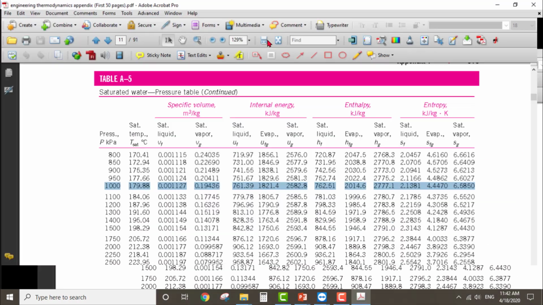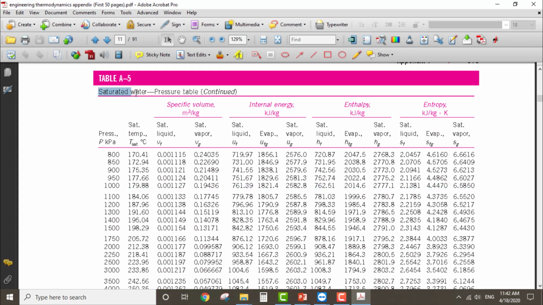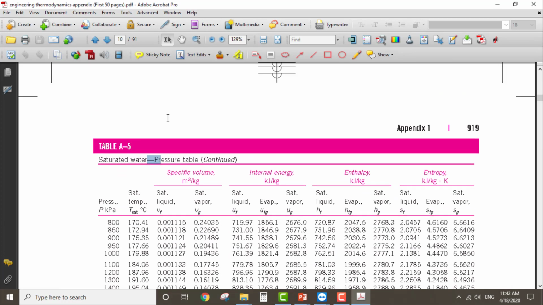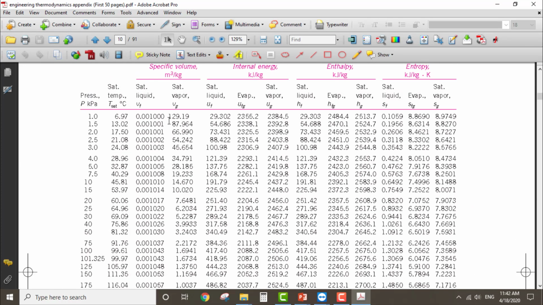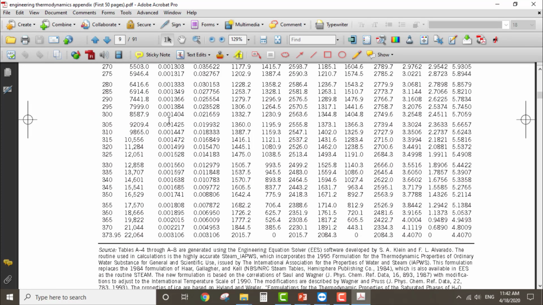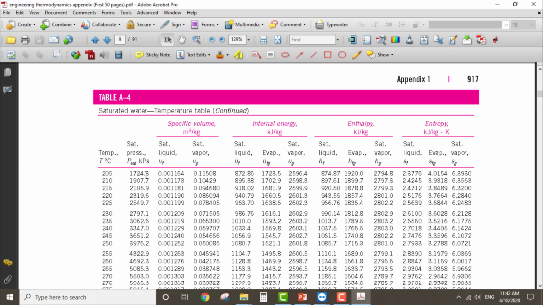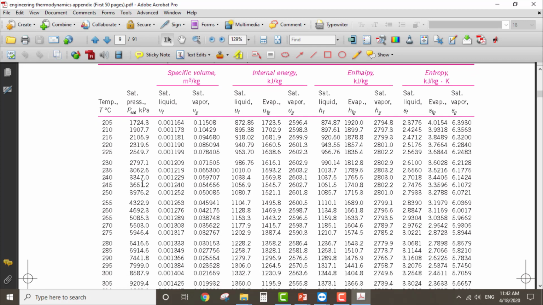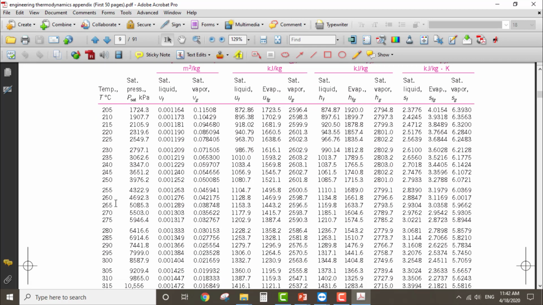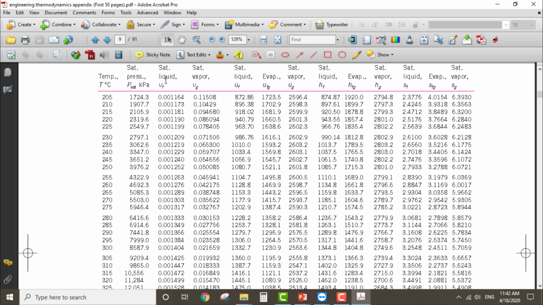So let me go back to the saturated water temperature table, because we have temperature in state 3. Here is the temperature table, and we need 150 degrees Celsius. Okay, so here is Vf and here is Vg.